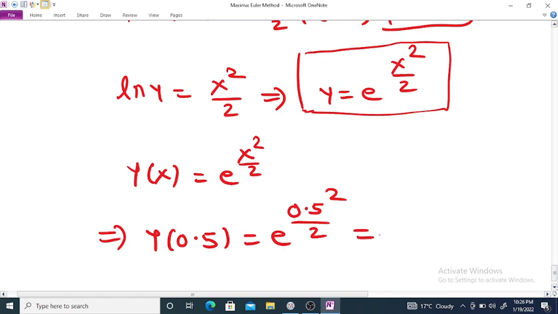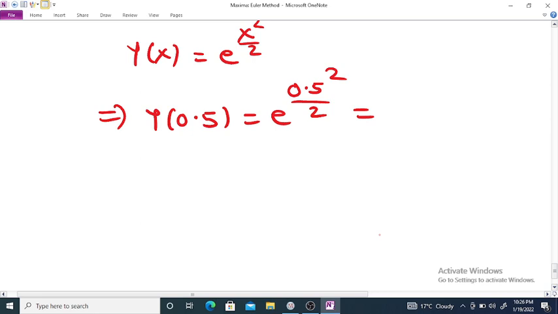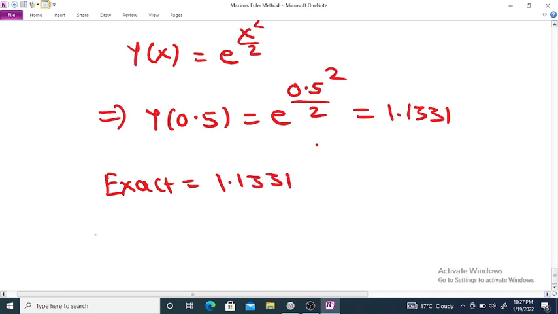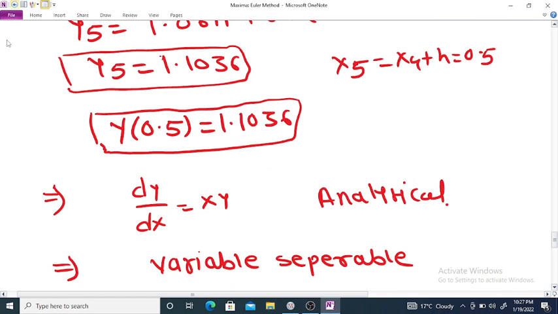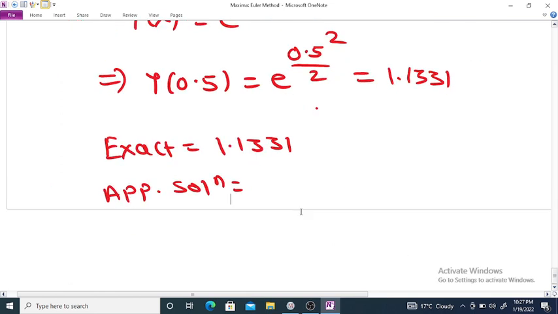If you solve this, we get 1.1331. This is the exact solution, equal to 1.1331, and the approximate solution we obtain by using the Euler method is 1.1036.